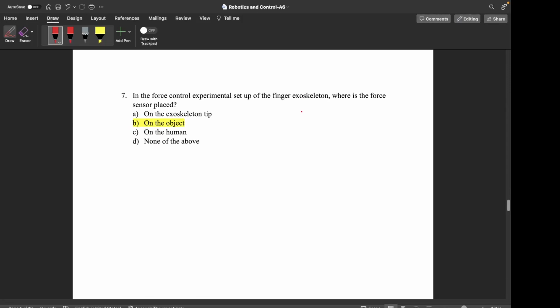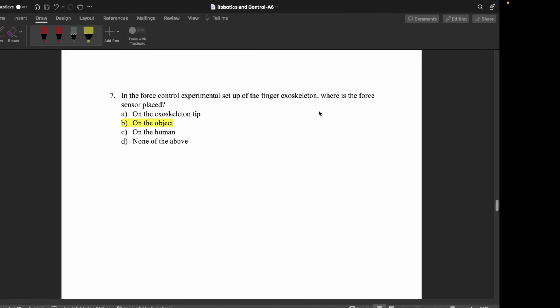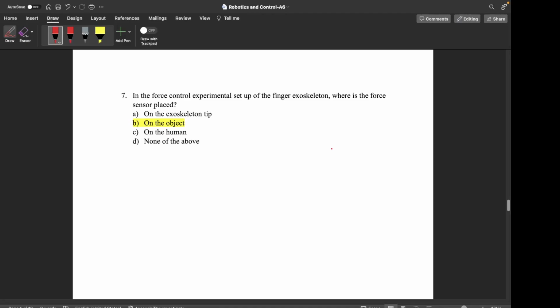Now in the force control experimental setup of the finger exoskeleton, where is the force sensor placed? So this is straight away from the lecture slides, and if you would see carefully, you would see that the force sensor has been placed on the object and not on the finger, basically, right?